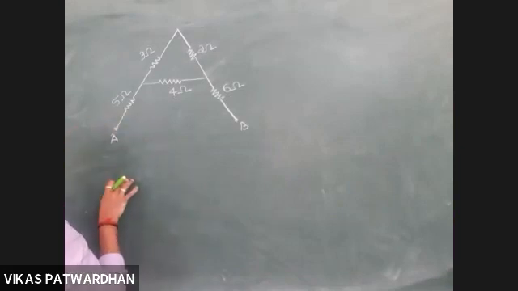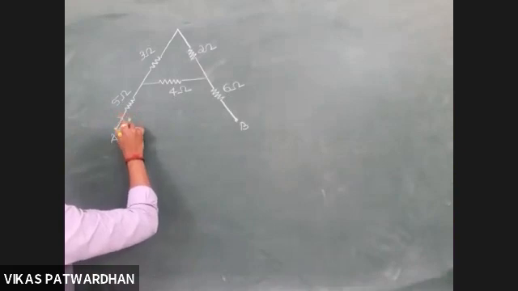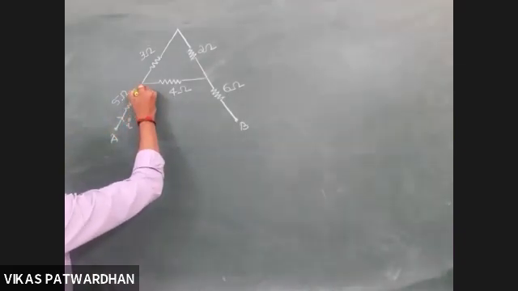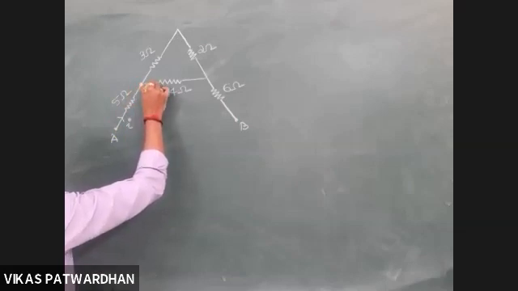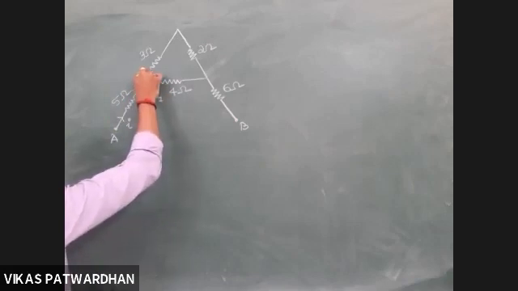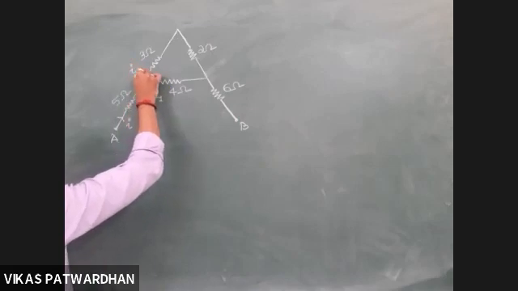Now, I'll imagine I is the amount of current which enters at A. This I amount of current comes here. Here the current branches. I1 part of the current comes here, I2 part of the current comes here.